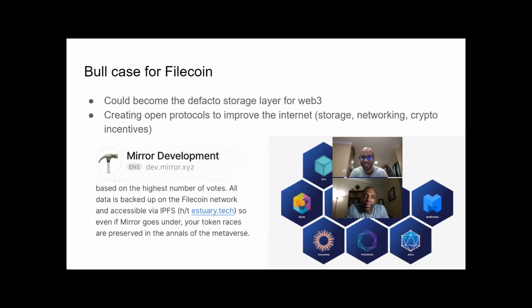I can set myself up as a Filecoin miner, and then I can give up my storage space in exchange for Filecoin tokens. Is that kind of how it works? That's exactly how it works.